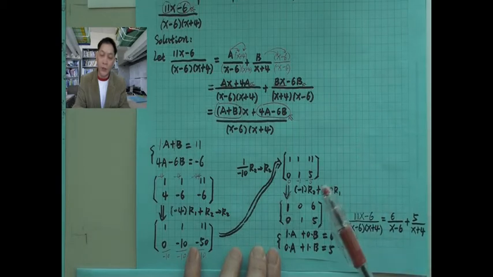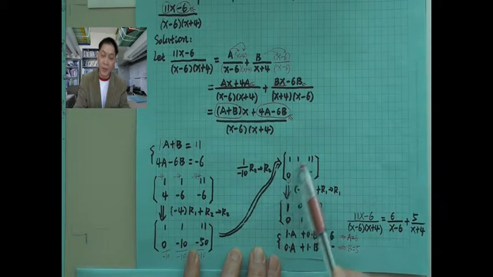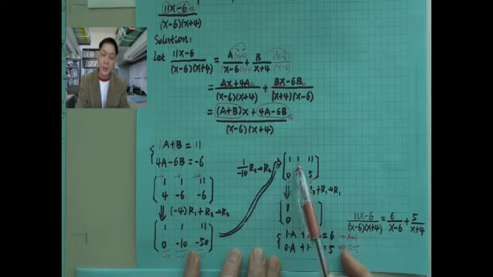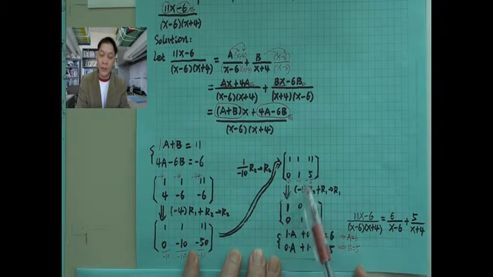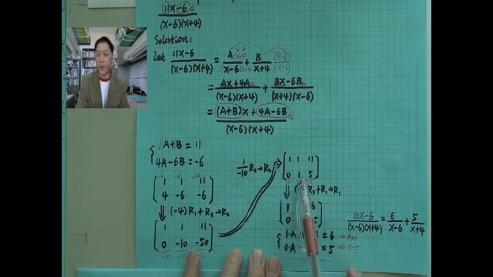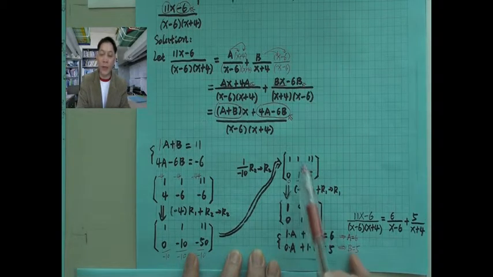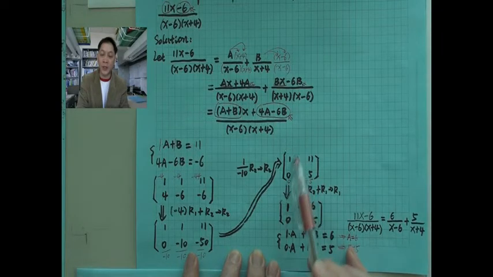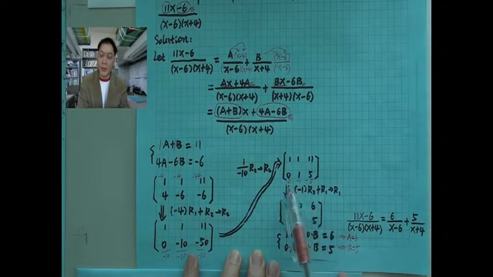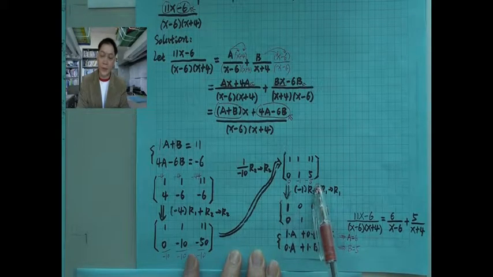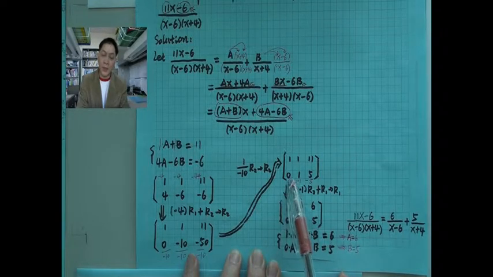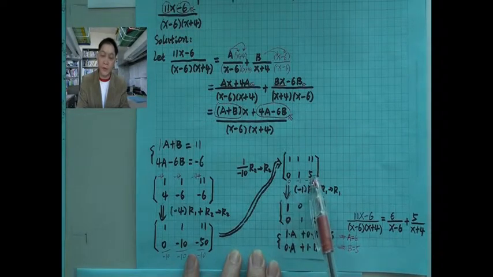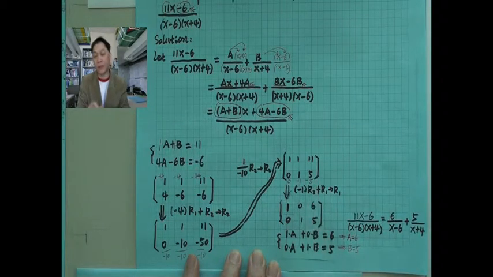Now we are ready to make this place 0. So we need negative 1 in this spot, because negative 1 added here makes this place 0. Row 2 needs to be multiplied by negative 1. 0 times negative 1 is 0, 1 times negative 1 is negative 1, and 5 times negative 1 is negative 5.